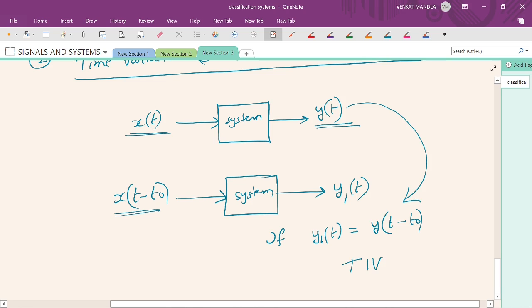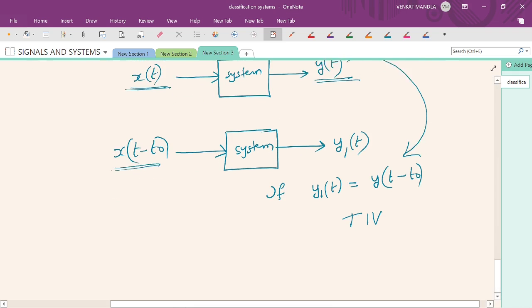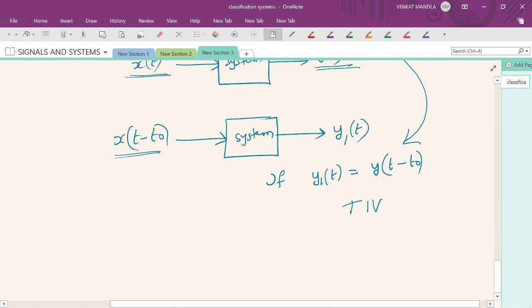If I solve some problems on this, then you will get some clarity. If not, it is time variant. If y1 of t is not equal to y of t minus t naught, then it is time variant.